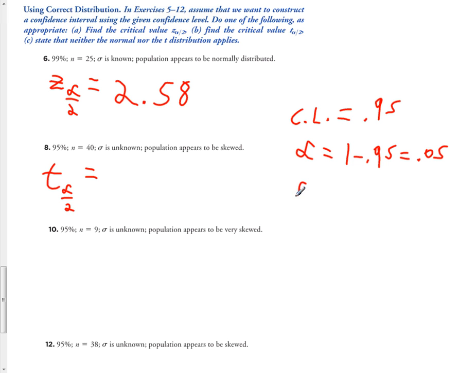So alpha over 2 is what we actually need, because we're looking for the t-score that has alpha over 2 in the right tail. So alpha over 2 is 0.05 over 2, or 0.025. And we're going to look at table A3 for the t-score for 0.025 in one tail. And that's going to be our critical t.